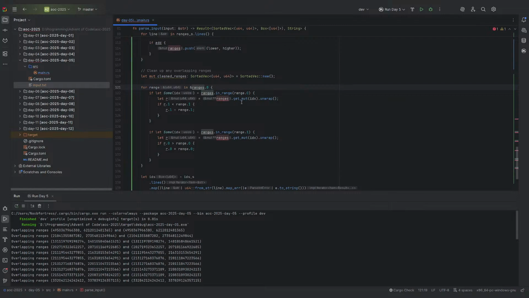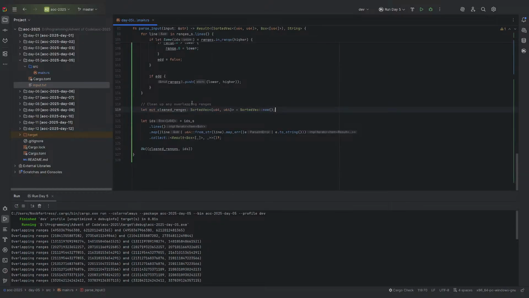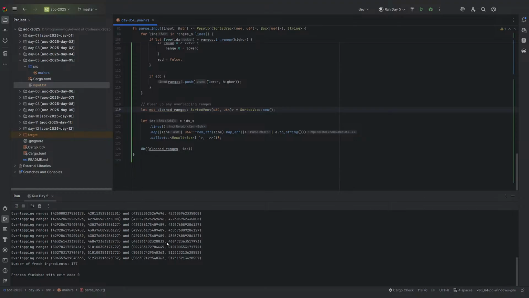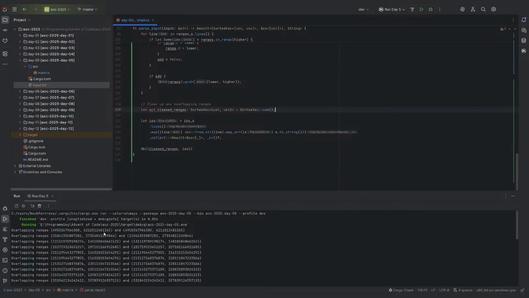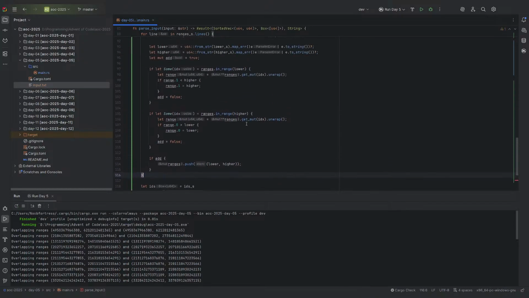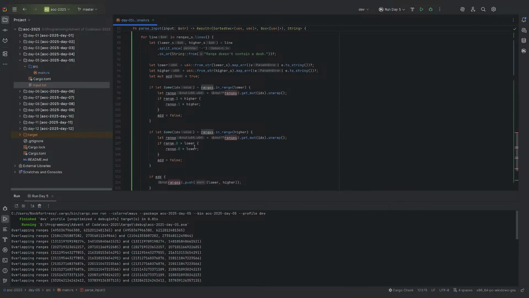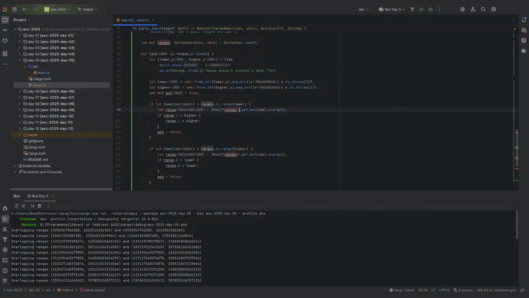Yeah, that makes sense. That is annoying. I can only assume that somehow at some point, like adjacent ranges getting extended into each other. That's what I think happens.